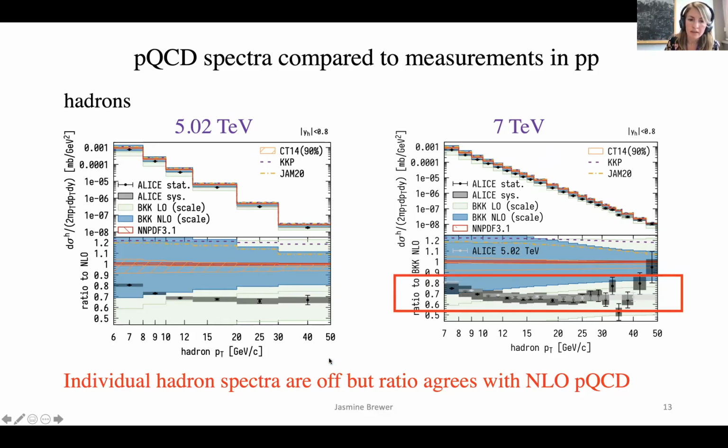It's a curious feature that even though the individual hadron spectra at these two energies are quite off, the ratio of 5 to 7 TeV is in quite good agreement with next to leading order perturbative QCD. So it seems that, whatever systematic issues are impacting the computation of these spectra, the ratio seems to be in better control than the absolute spectra.